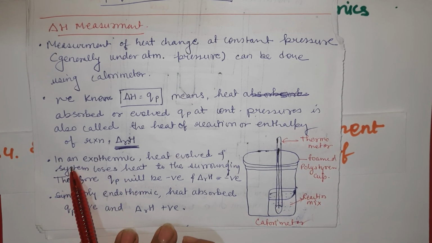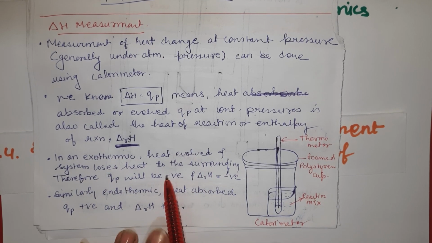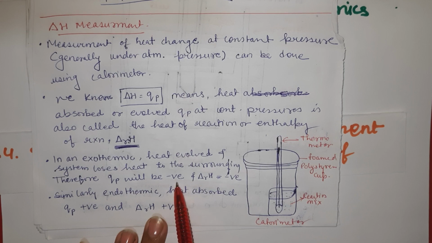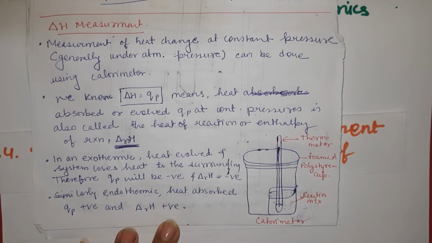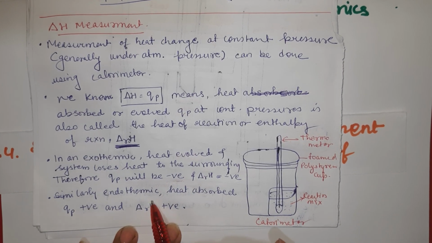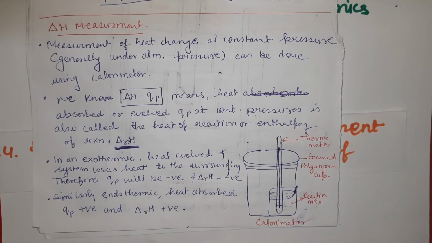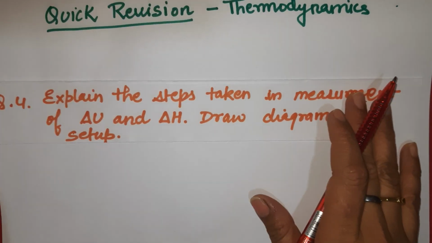In an exothermic reaction, heat is evolved and the system loses heat to the surroundings, so QP will be negative. This I have already discussed. When the reaction is exothermic, QP is negative, and if it is endothermic, QP is positive. So this is how you will write your answer.